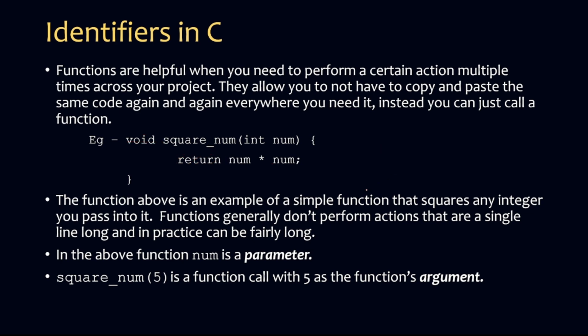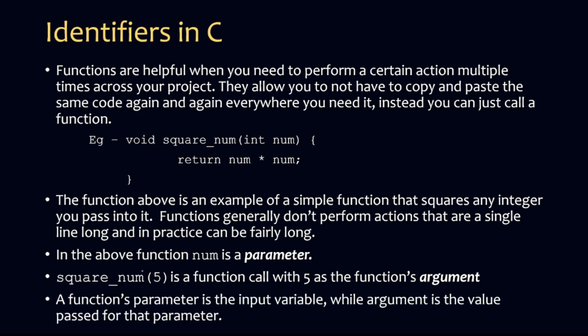Okay. So again, a function's parameter is the input variable while the argument is the value passed for that parameter. So here num is a parameter while 5 is the argument.